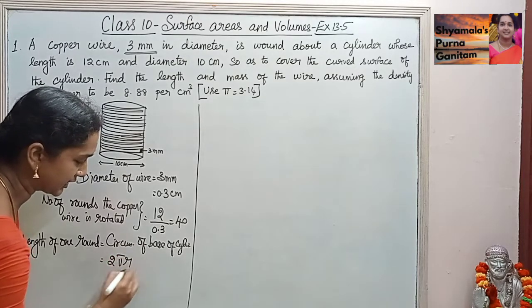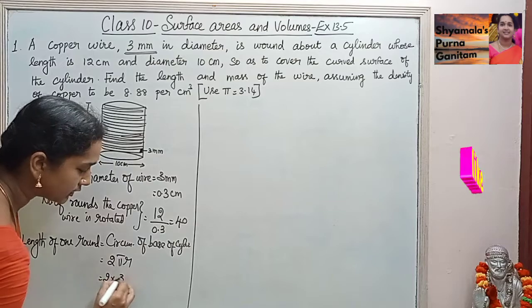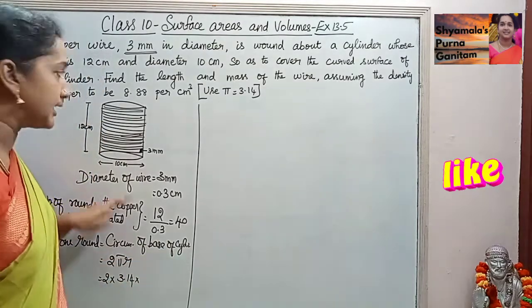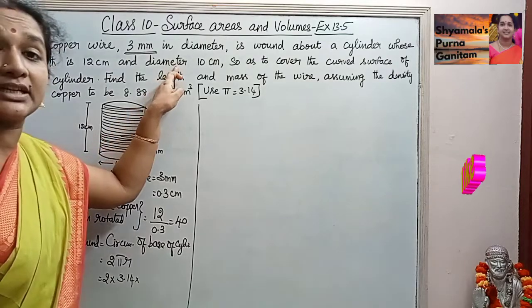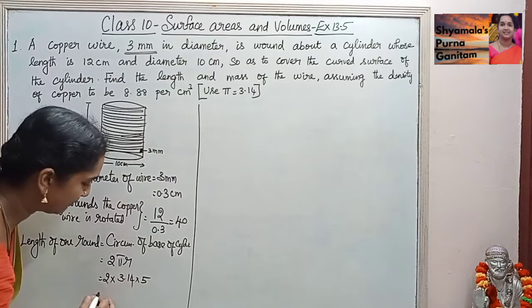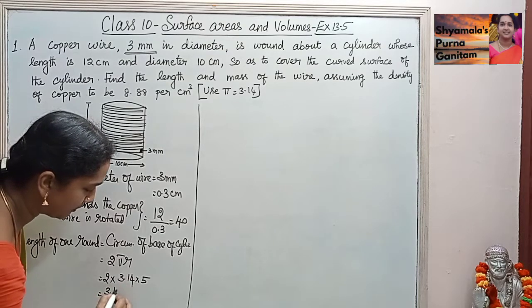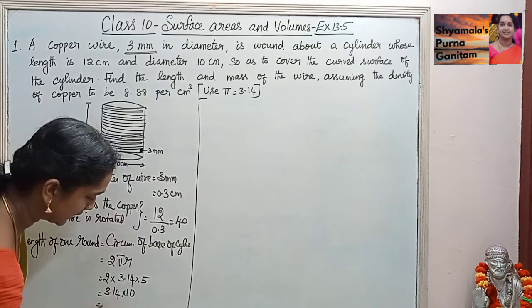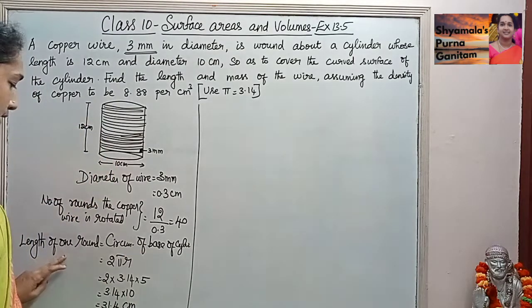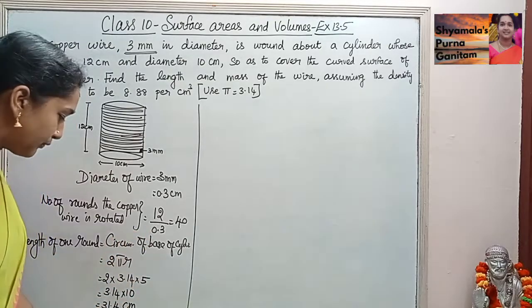That is 2 into 3.14 into the radius. The diameter of the cylinder is 10 centimeter, so the radius is 5. So we get 3.14 into 10, which is 31.4 centimeter. This is the length of one round.